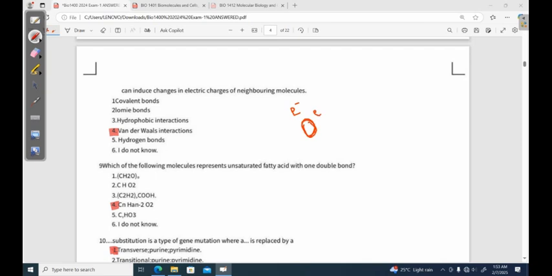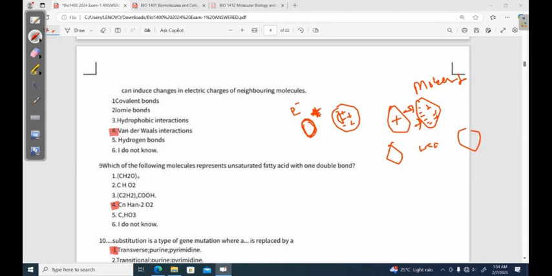The more it comes close to another molecule which is neutral, it has negative, positive, negative, it induces a charge such that these positive charges attract the negative charges. So if these are positive, it's going to induce a slightly negative charge on the neighboring molecule. These are van der Waals, and the closer they are together, the more powerful the forces are. So the farther apart, these forces are going to be weaker.